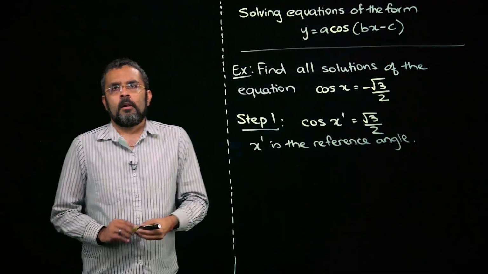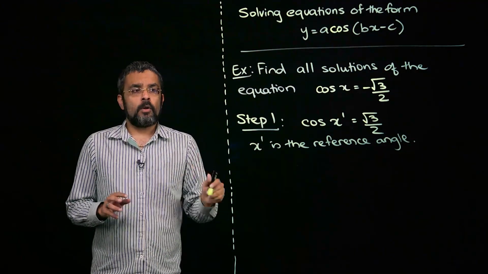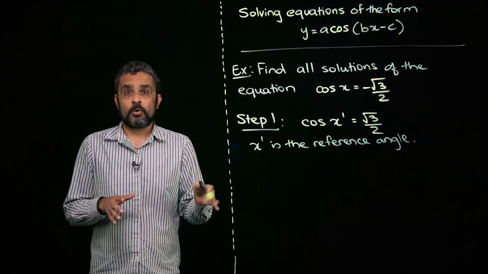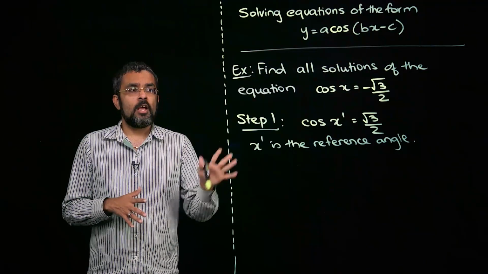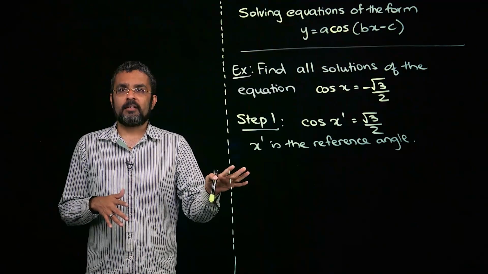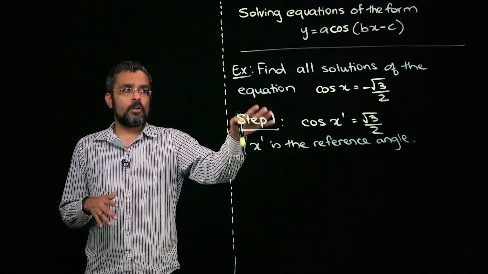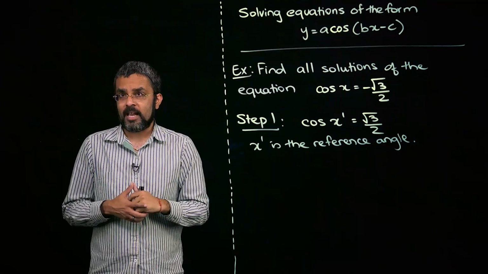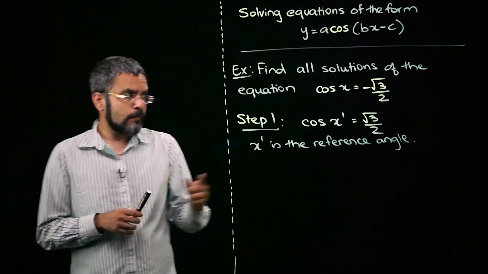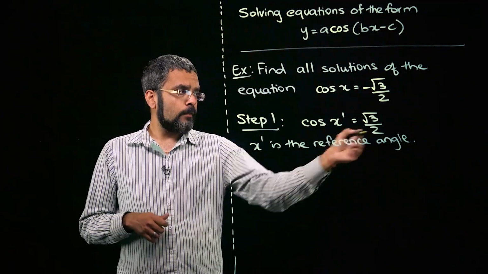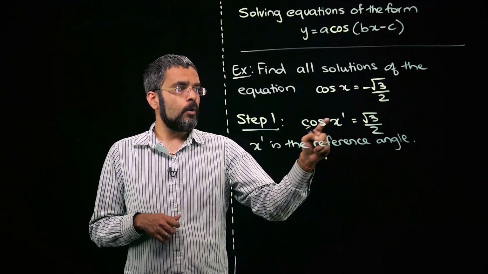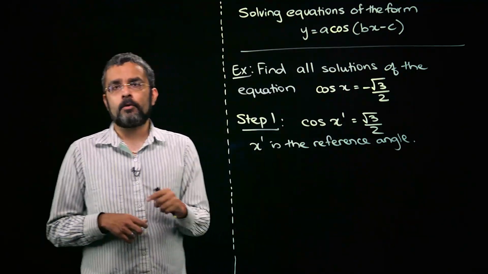What do we know about reference angles? Well, we know that reference angles are positive and they are acute. So basically they lie in the first quadrant. Once I have the reference angle, based on what the sign is, I can figure out what other quadrants they lie in and what the corresponding angles are. So what value of x prime will make cosine of x prime equal root 3 over 2?